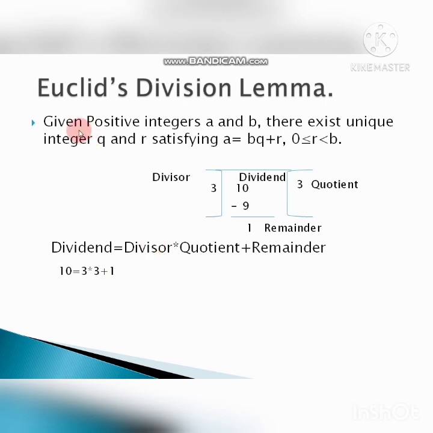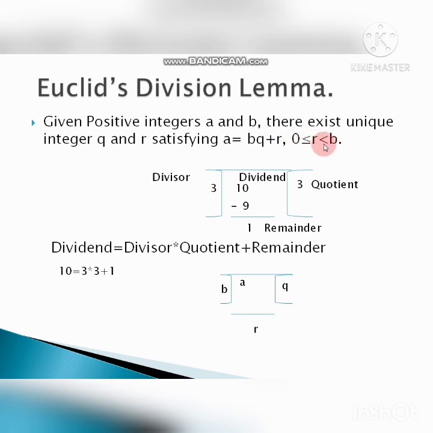Now this was an example. Now let us take positive integers a and b only. If I am taking the two integers a and b, then obviously some quotient q will be there, and obviously the remainder will also be there. Either it will be 0 or greater than 0, but less than b.